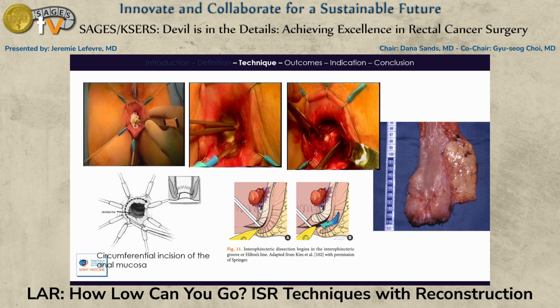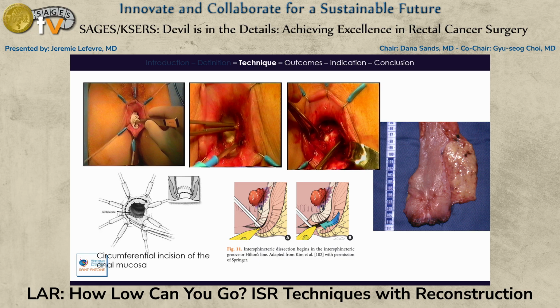The dissection has been beautifully shown by the last presenter. Briefly, you make the dissection 1 centimeter below the tumor, removing part of the internal sphincter, and dissecting in the intersphincteric plane.